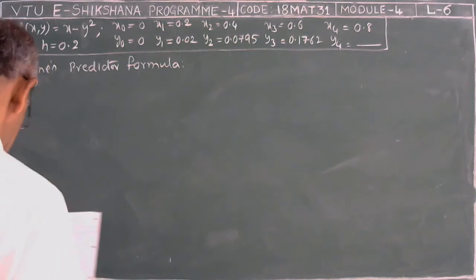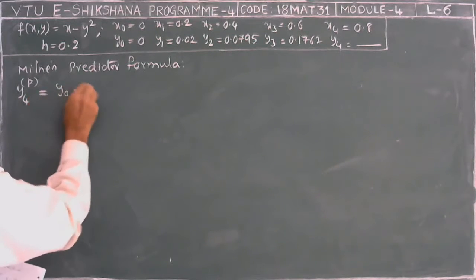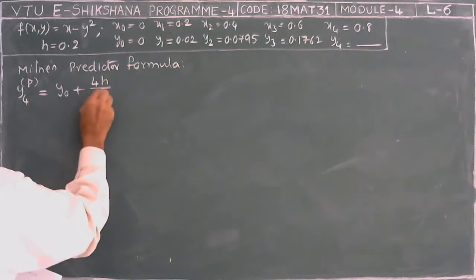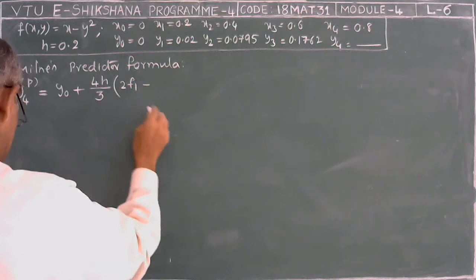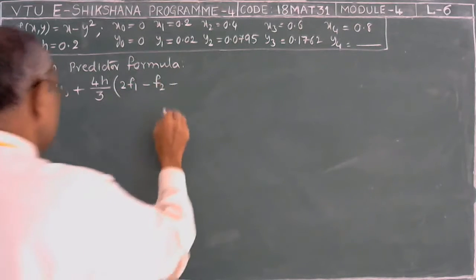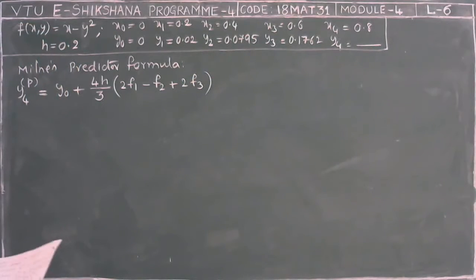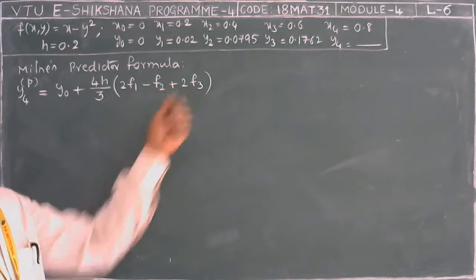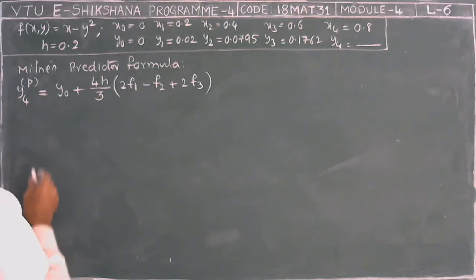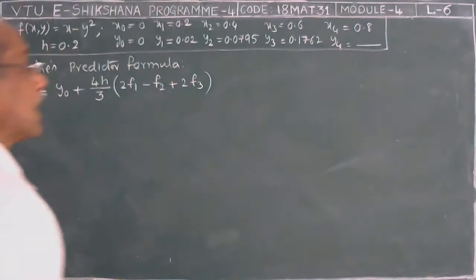The predictor formula is equal to y0 plus 4h divided by 3 into 2 into F1 minus F2 plus 2 into F3. So let me calculate these functional values at x1, y1, x2, y2, x3, y3 and substitute here to predict the value of y at x equal to 0.8.